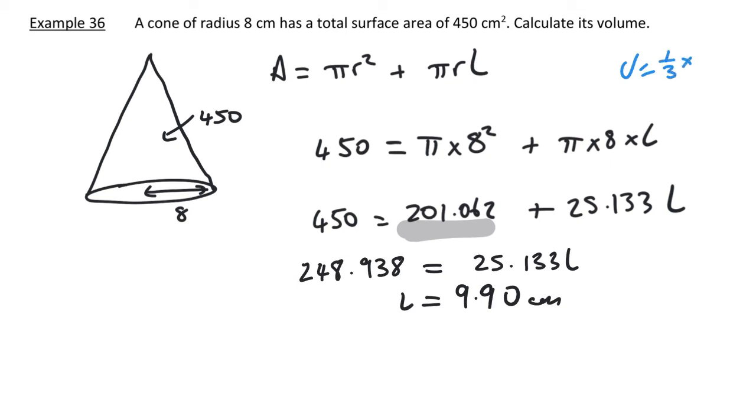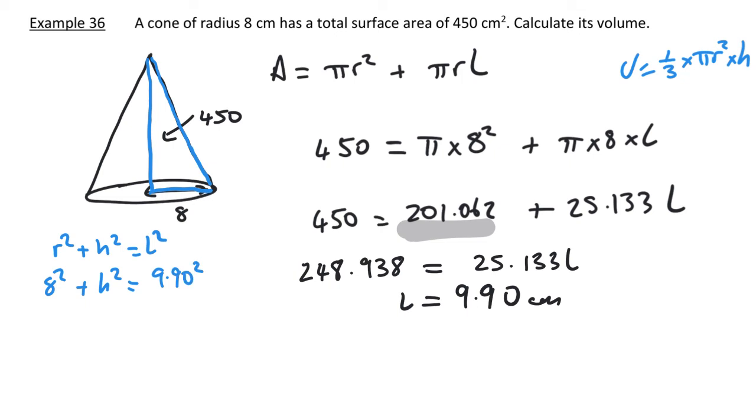1/3 times the base area, so that's pi r squared times the perpendicular height. Now we've just worked out the slanty height, and we know the radius, so to work out the height we'll have to use Pythagoras' theorem. So that's r squared plus h squared equals L squared. So that's 8 squared plus h squared equals 9.90 squared.